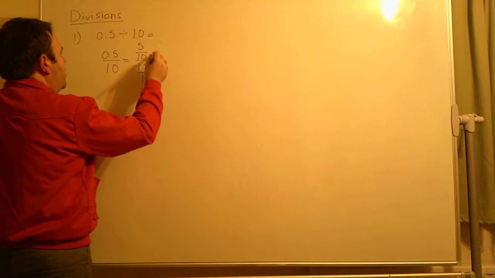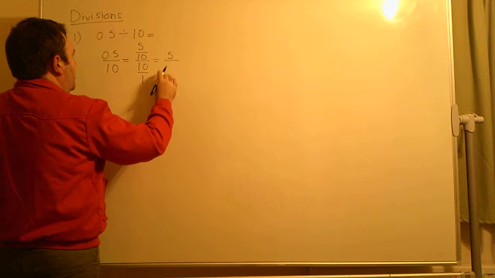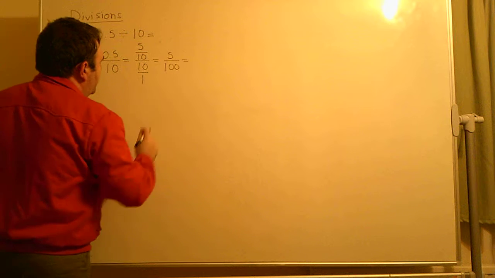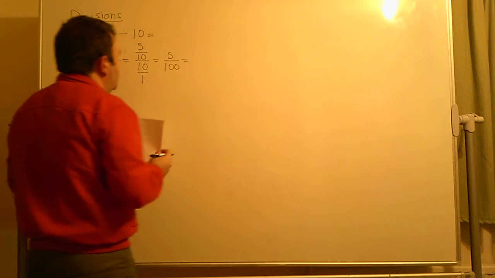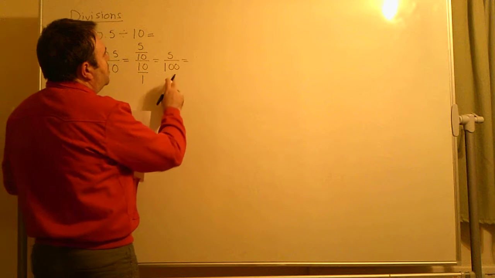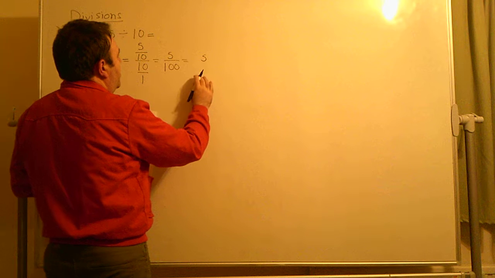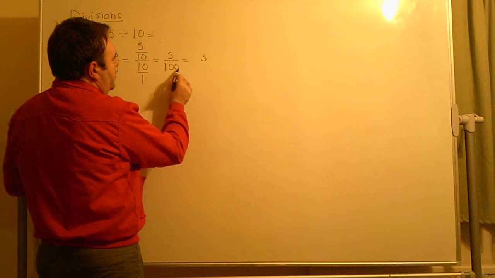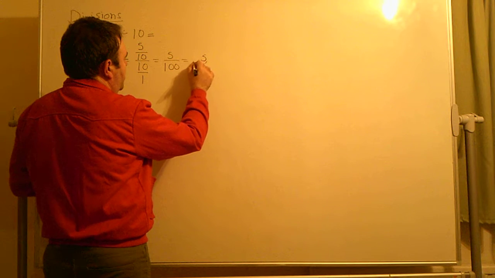And then we multiply the extremes, which would be 5 times 1 would be 5, and then 10 times 10, which would be 100. And then we need to turn this into a decimal number, yeah? So what we do is we write down 5, and then we move the decimal point how many places? 2, because we have two zeros here, yeah?